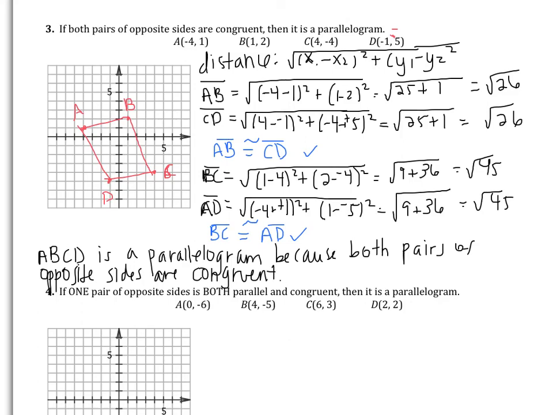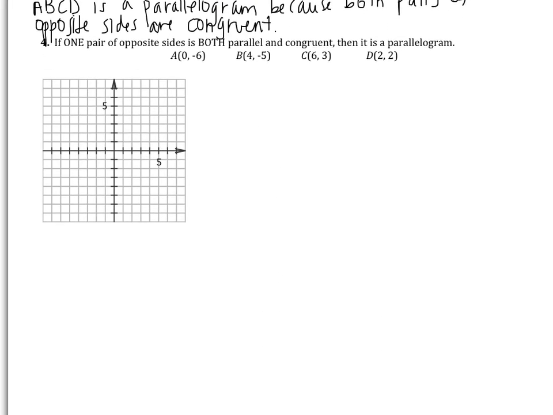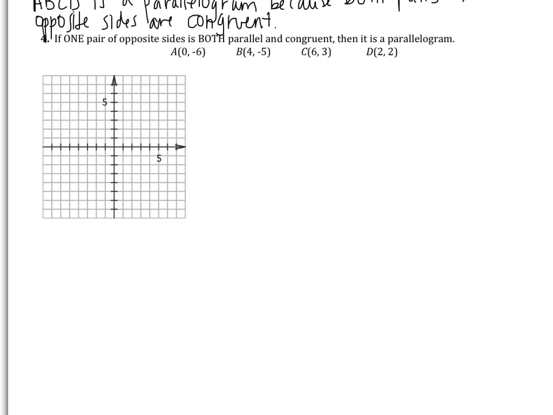Okay, so we have one more theorem. It says if one pair of opposite sides is both parallel and congruent, then it is a parallelogram. So let's start by plotting our points.